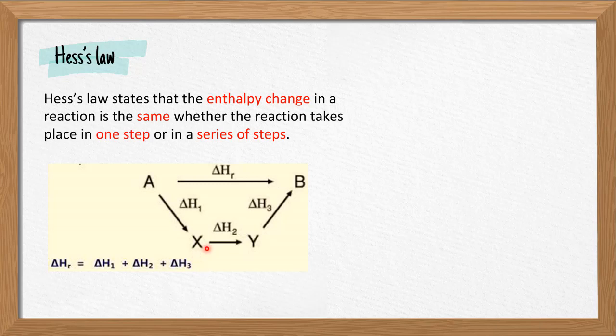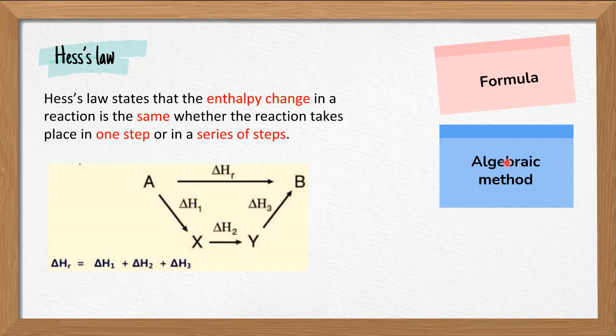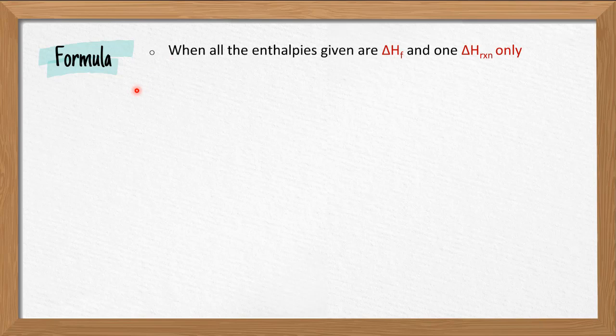So there are three methods that we can use to calculate the enthalpy change via Hess's law. We can use a formula, the algebraic method, as well as the energy cycle method. First of all, let's look at the method using the formula. If you want to use the formula, you need to make sure that the question only consists of enthalpies of formation.